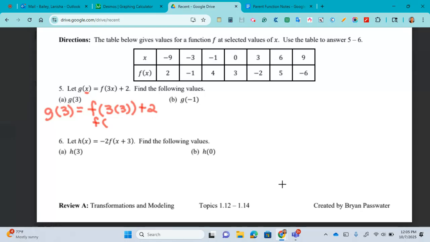So I have f of 9 plus 2. Now, inside the parentheses is usually what value? What letter? X. So when my x is 9, my y is -6, so that will be equal to -6 plus 2, which makes my answer -4.